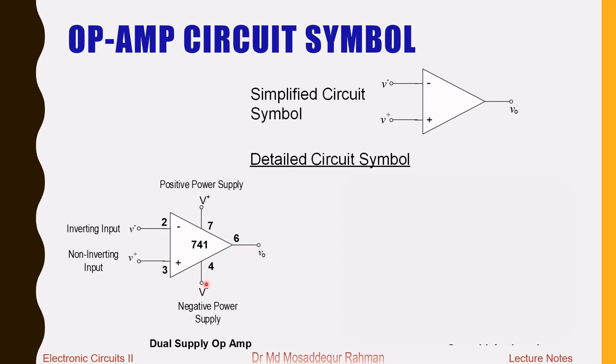In addition, we are also showing the negative power supply and the positive power supply applied to pins 4 and 7. You see that here it's written dual power supply. That means the op-amp is using two power supplies.